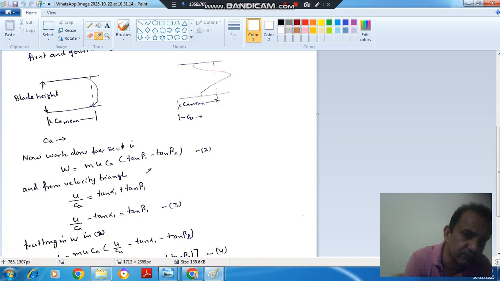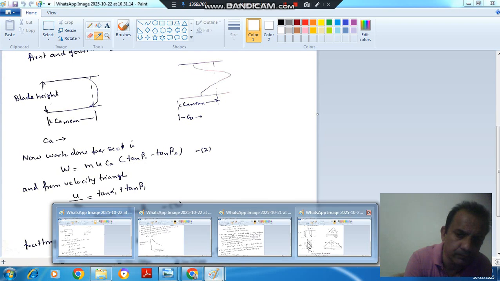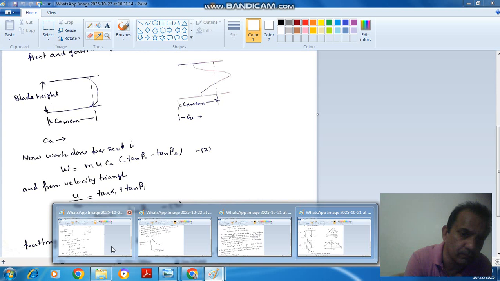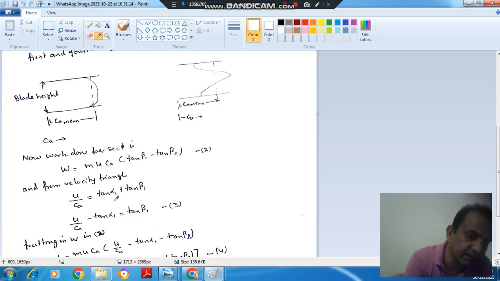This was the expression for work done that we have derived: W is equal to mu Ca (tangent beta 1 minus tangent beta 2). From the velocity triangles, from the first inlet velocity triangle, U is equal to Ca tangent alpha 1 plus Ca tangent beta 1, or U by Ca is equal to tangent alpha 1 plus tangent beta 1, or tangent beta 1 is equal to U by Ca minus tangent alpha 1.